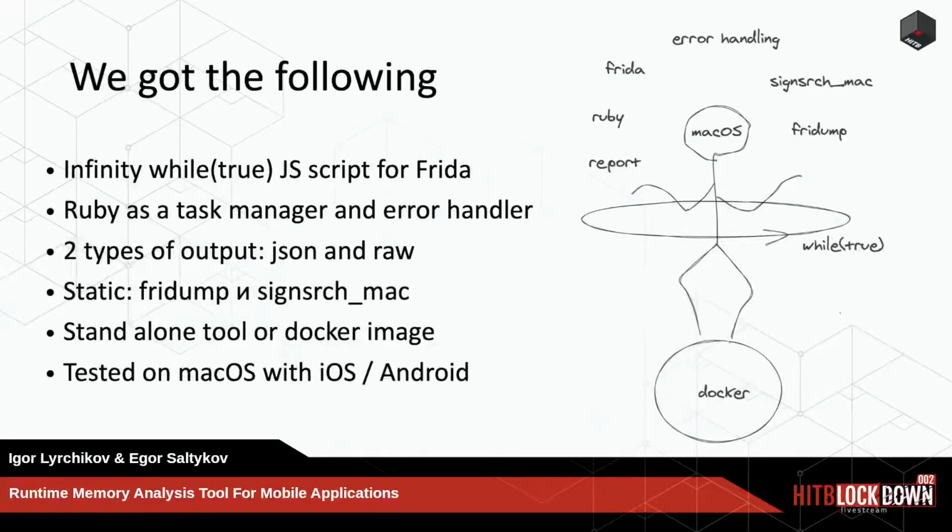We built an independent task runner layer to control JavaScript for Frida, a Docker container with a built-in environment that is ready to work with most iOS and Android devices via USB port, a human-friendly report and raw data for further processing, and of course, macOS Catalina friendly. Now, let's check a little sneak peek.